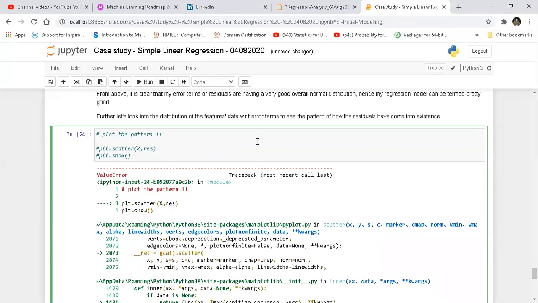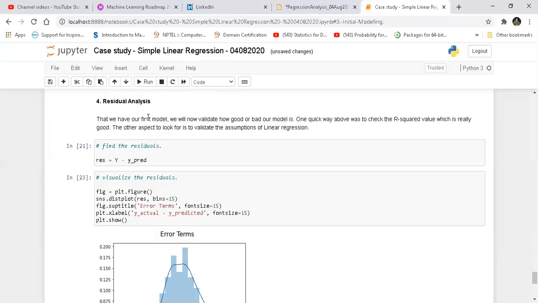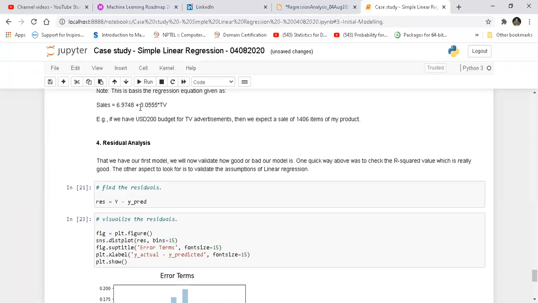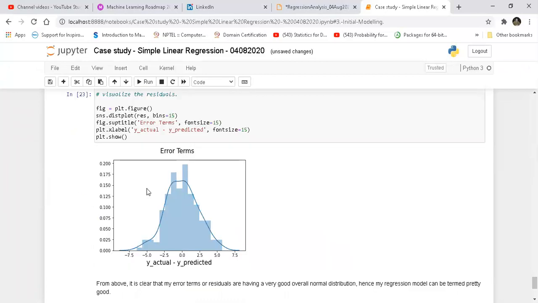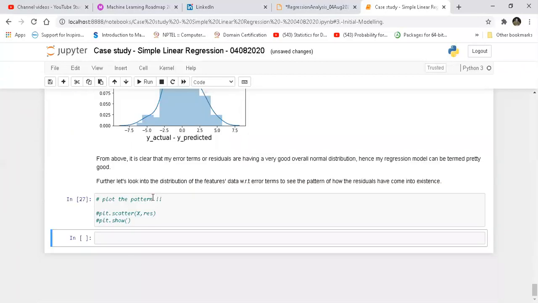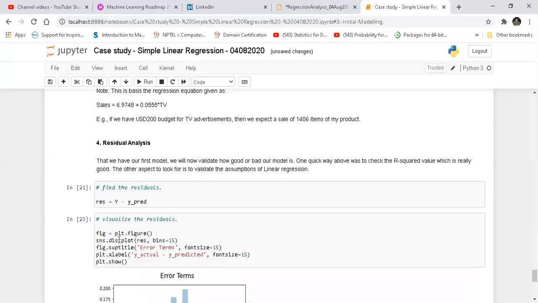Okay, so let's move on, and then let's try to find out what the next set of actions will be. So what we have done over here is we have created the model. We have got our first model. We have done the residual analysis, and we were also going to look at the pattern, but we got an error, unfortunately. Now we are going to do the next kind of modeling.